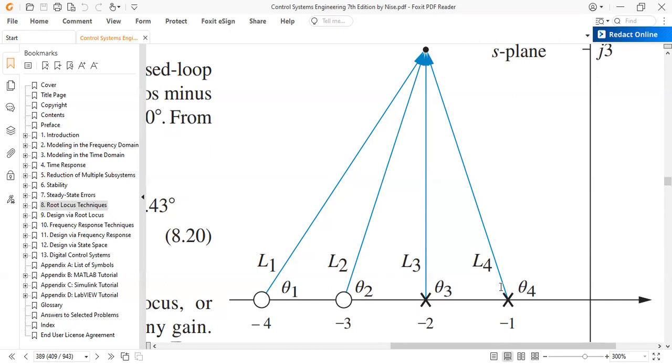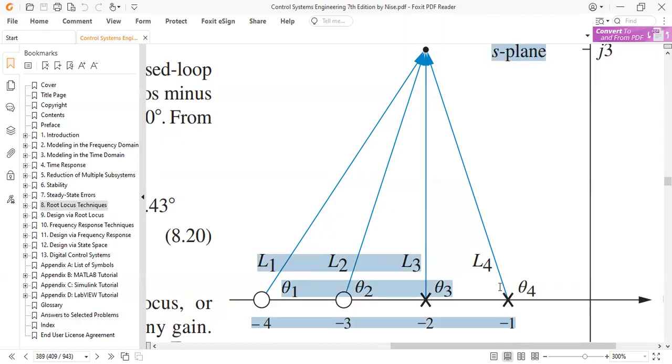You're right that we find theta 4 by subtracting that angle from 180 degrees, but that angle is not going to be theta 2. That angle is the internal angle of this right angle triangle.